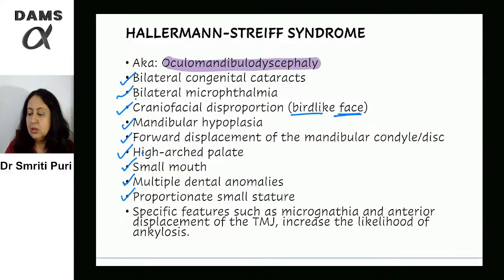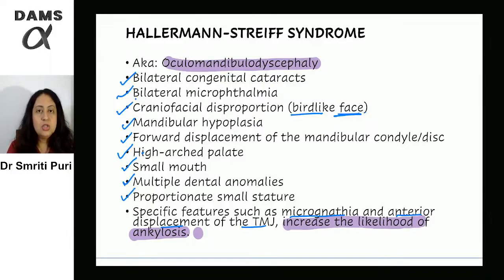Now, the last point is very important. Specific features such as micrognathia and anterior displacement of TMJ increase the likelihood of ankylosis. Fine. So it won't be one of the primary features, but this patient would be more prone to developing TMJ ankylosis because of certain features like micrognathia, and anteriorly displaced TMJ and condyle or disc.